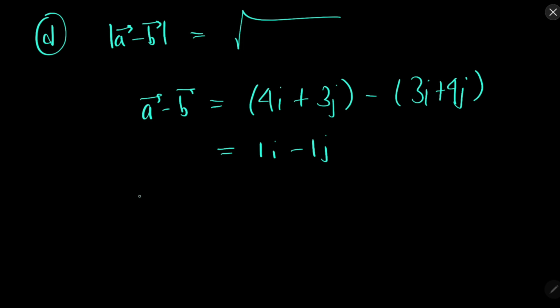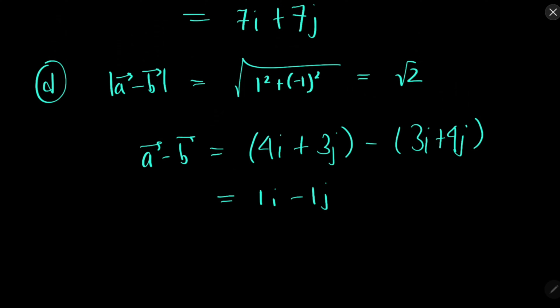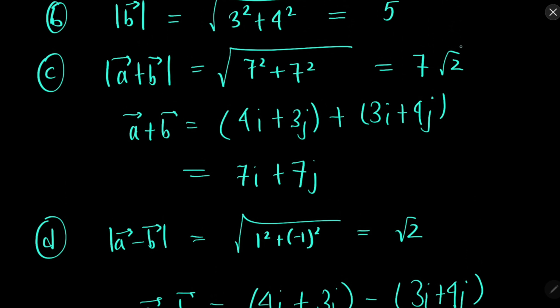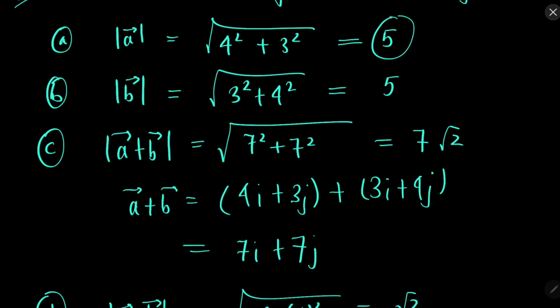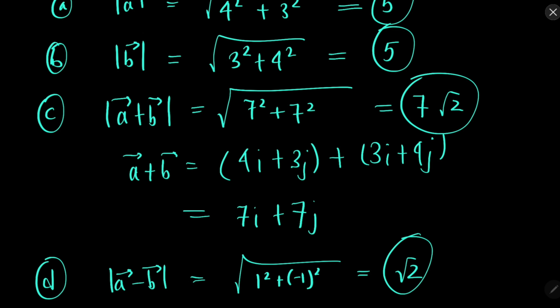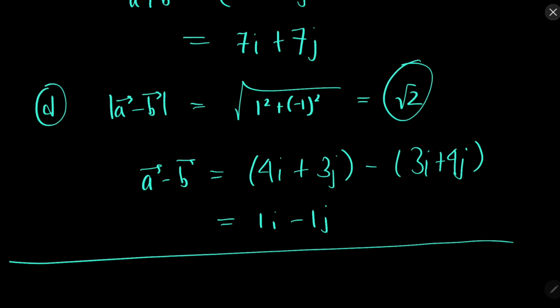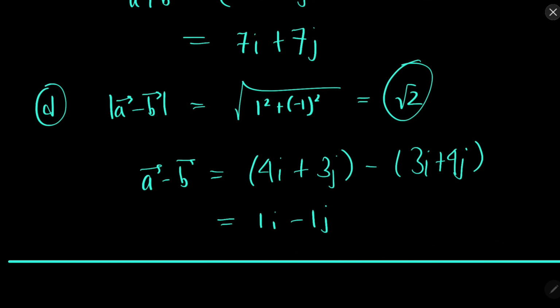Okay, 1i minus 1j. So it will be 1 square plus minus 1 square, that is root 2. So these are the values: 5, 5, 7 root 2 and only root 2. So this is our question number 4.